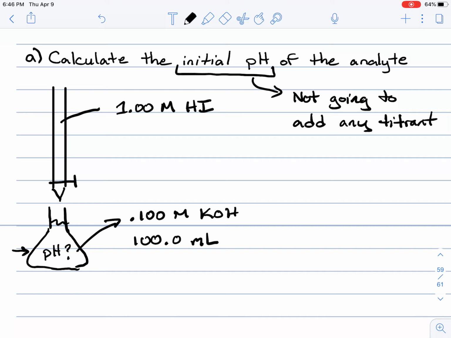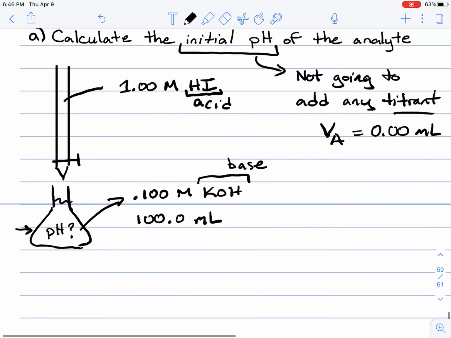And so therefore, the volume of the titrant, now if you look at the identity of the substance, this is the acid, and this is the base. So I'm going to abbreviate volume of the acid to represent the titrant in this scenario. In the previous video, it was VB, which is the volume of the base, and that was our titrant in the previous example. So VA is going to be 0.00 milliliters.